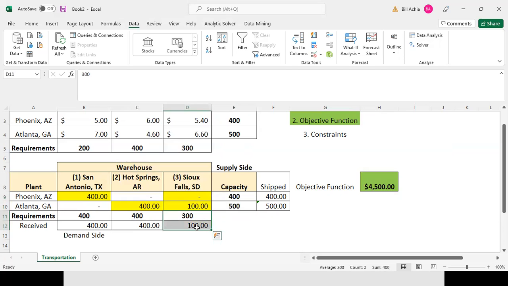Sioux Falls, South Dakota is not going to receive everything that's required. It's going to receive 200 tons less than what it wanted. Again, this is done at the least possible cost of $4,500, given the information that we have.